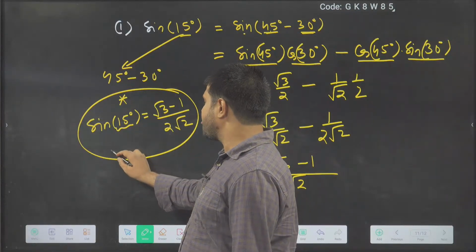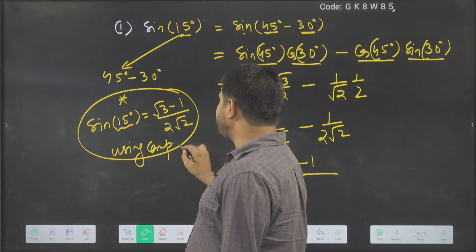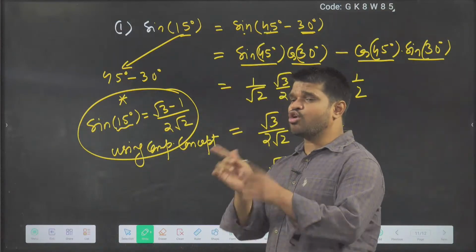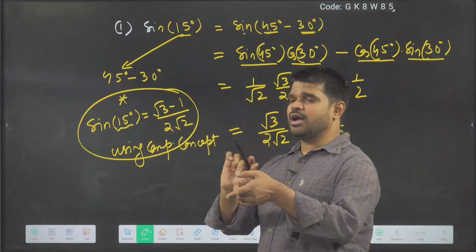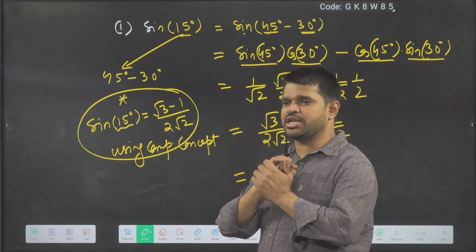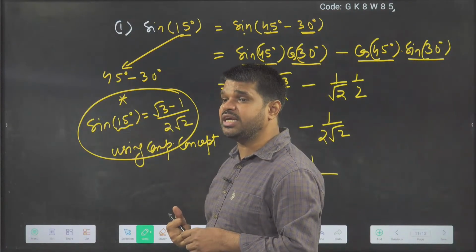So using the complementary concept, I know that for complementary angles, sine and cos are equal. That's why they are called complementary ratios. So what is the complementary angle of 15 degree? 75.